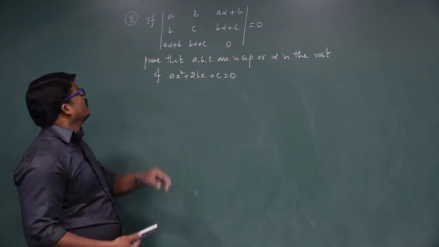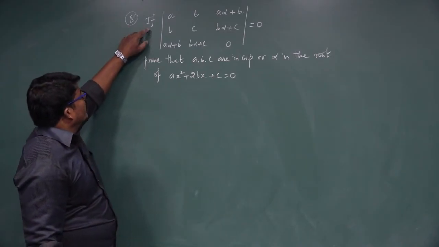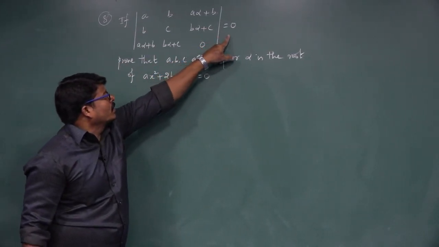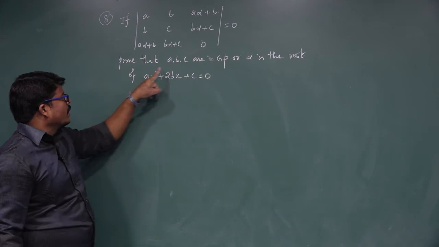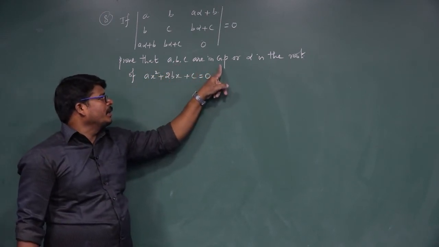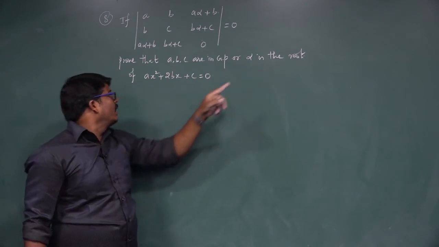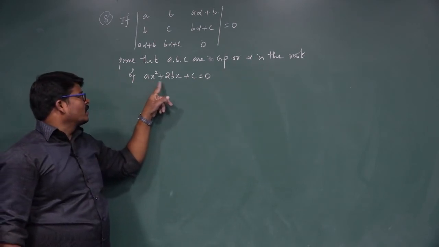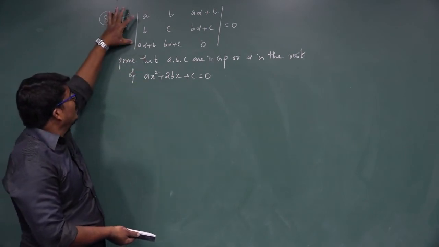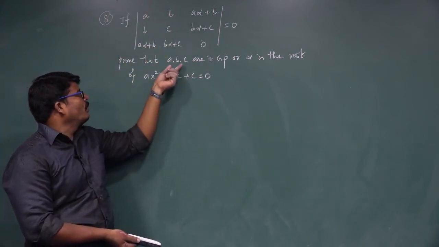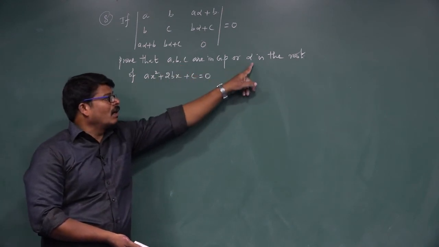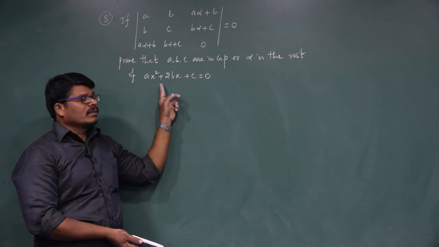Next problem, the 8th one. Given that the determinant equals 0, prove that A, B, C are in GP, or alpha is a root of AX square plus 2BX plus C equals 0.